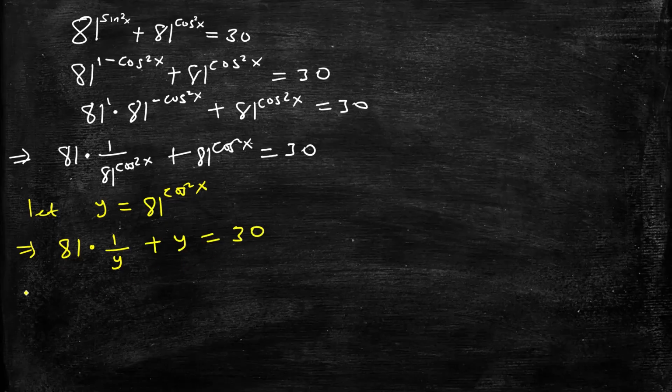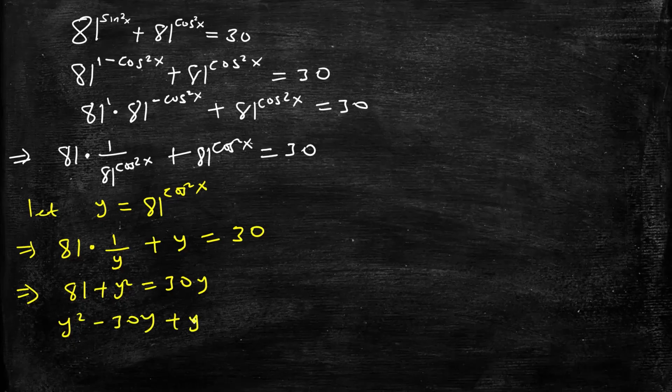Let's simplify this. We can multiply through by y, since this is the same as 81 over y. Multiplying through by y, we have 81 plus y squared equals 30y. Let's arrange it: y squared minus 30y plus 81 equals 0.